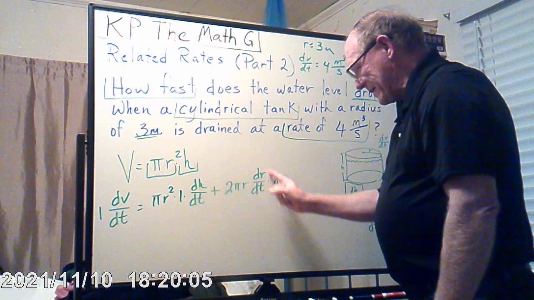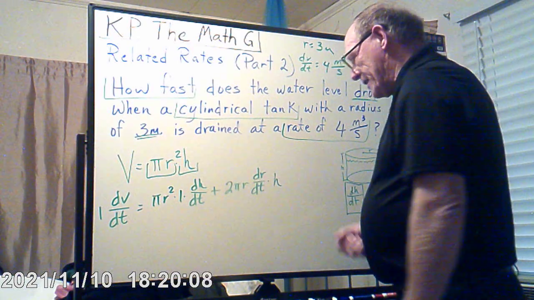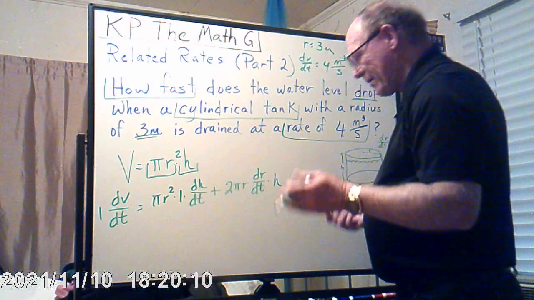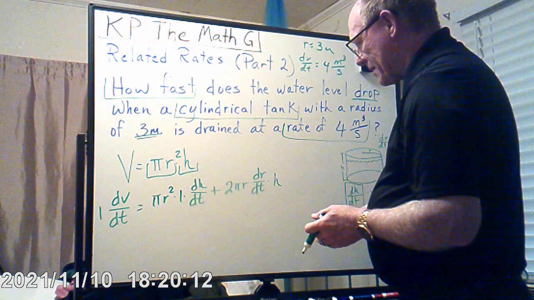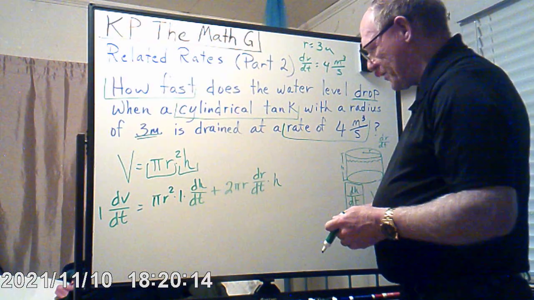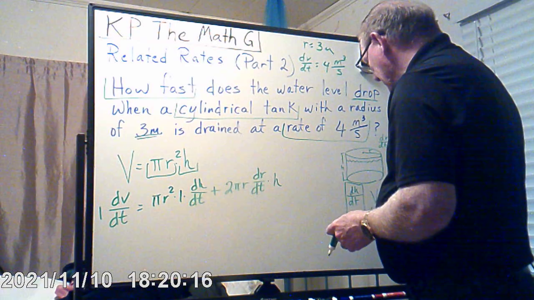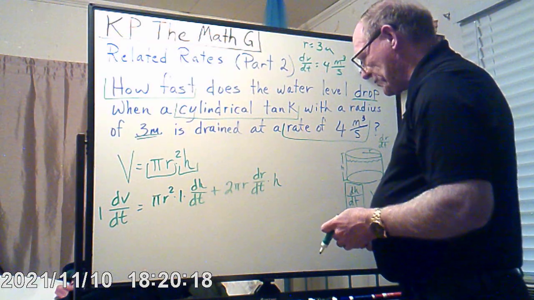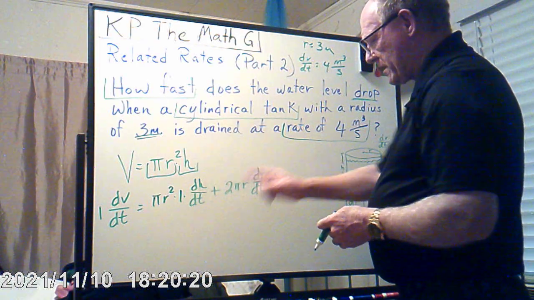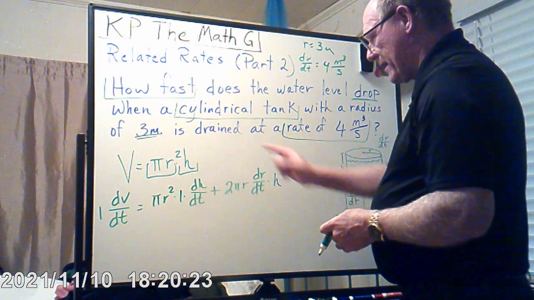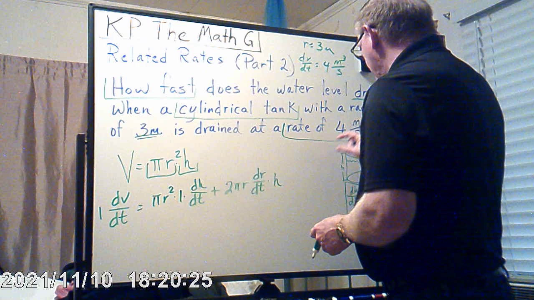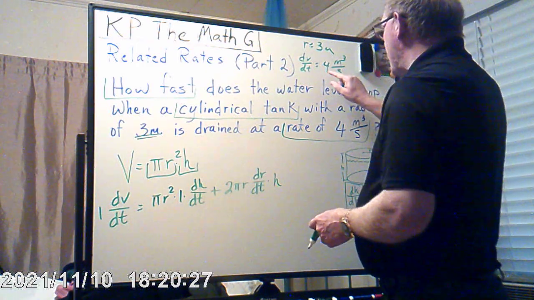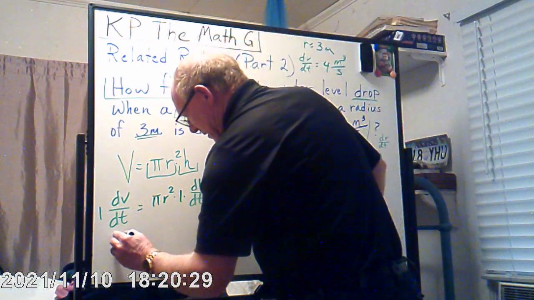We are going to look a little bit at dr over dt in just a moment, and hone in on it, and we'll see what happens there. Let's keep going with this problem here. dV over dt, we already know that is 4, and I'm going to put the units on later.